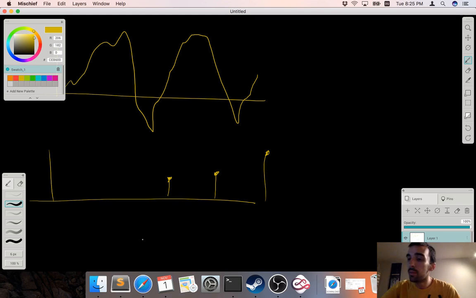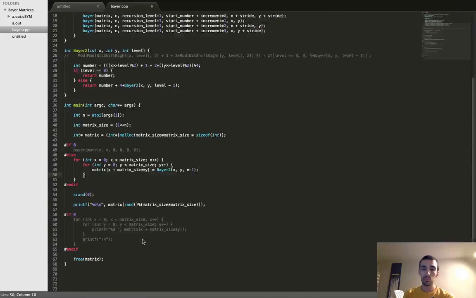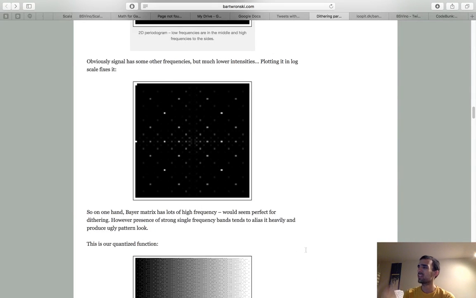Yeah, totally. You can pick whatever matrix you want, and that gives you different properties as far as what happens when you dither with it. For example, a halftone matrix. I think he talks about the halftone matrix in earlier parts of this article.